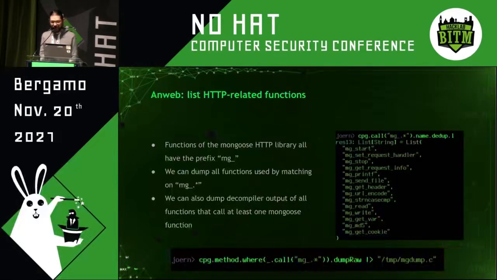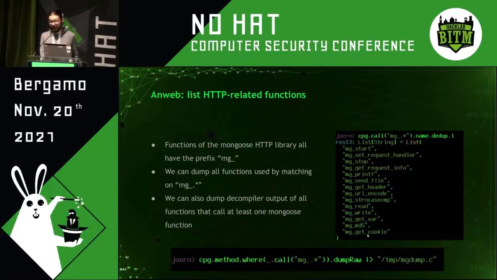So for the cheap router, we just talked about how it gets all of its HTTP data via Mongoose, and Mongoose functions all start with mg underscore. So the first thing that you can do is list all of the different calls to mg functions, just to get an idea of how they receive attacker-controlled data. And here you see there's a function called getHeader, which, as the name would imply, gets some data from an HTTP header.